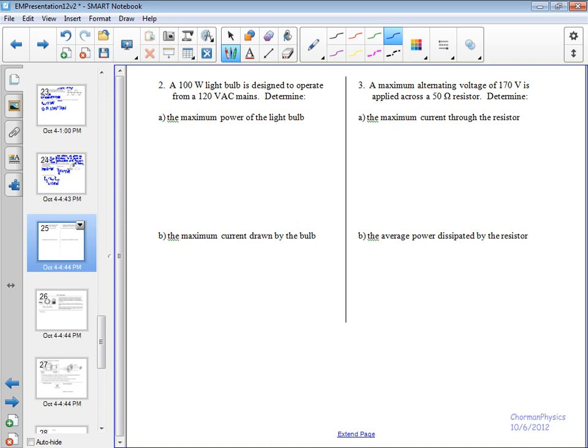It's all right. So we have a 100-watt light bulb designed to operate from a 120 volt alternating current mains supply. Determine the maximum power of the light bulb. Well, P max is equal to 2 times P average, which in this case is 200 watts.